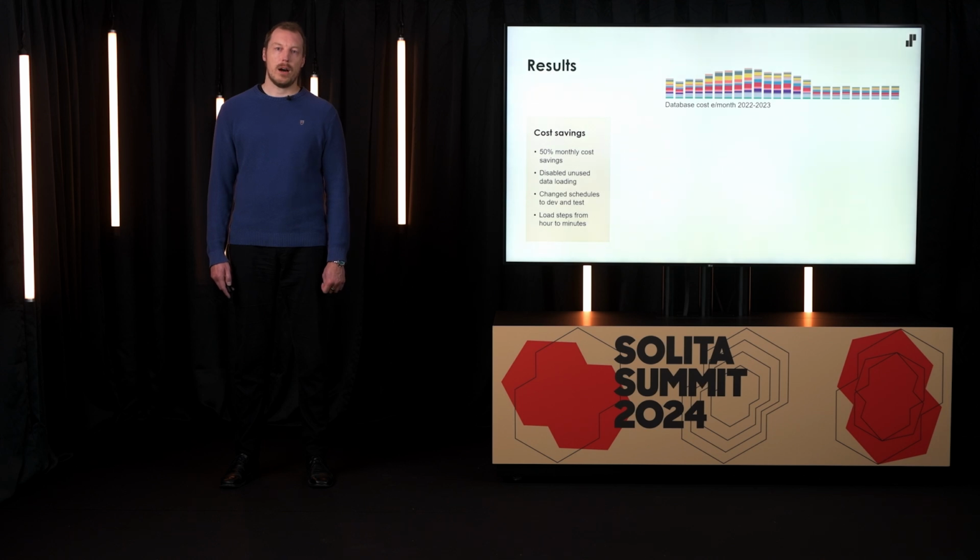And then we found these resource-intensive load steps, which we optimized, and there were maybe 10 minutes or more, even an hour, and we got those to a fraction of that time, 2 minutes or less. So all this made our cost savings.